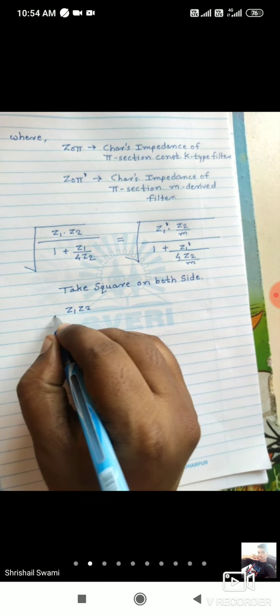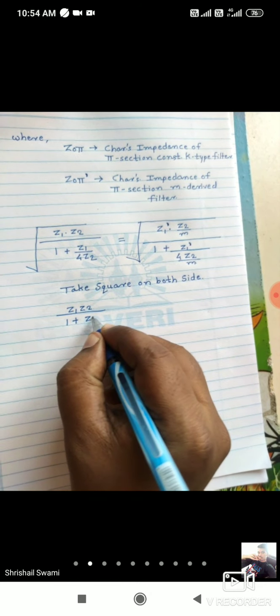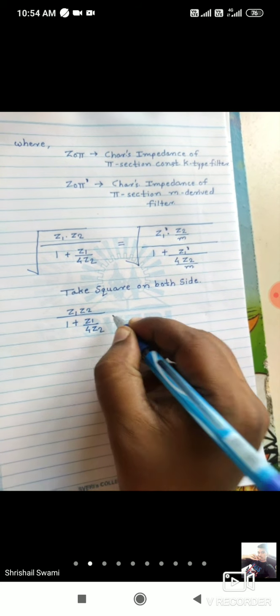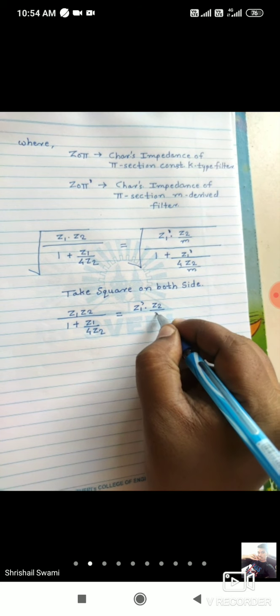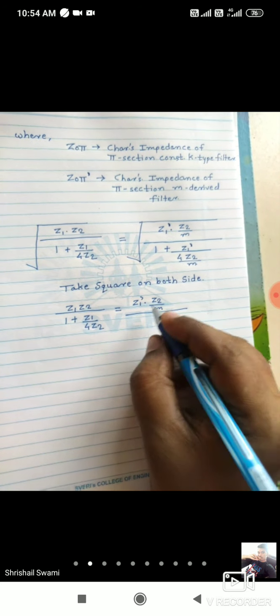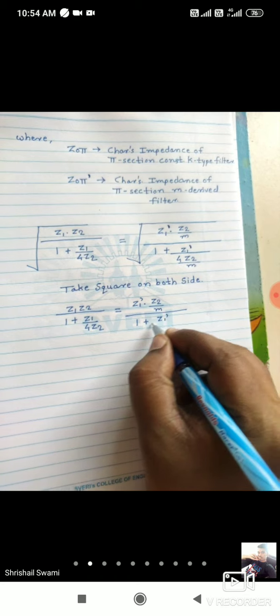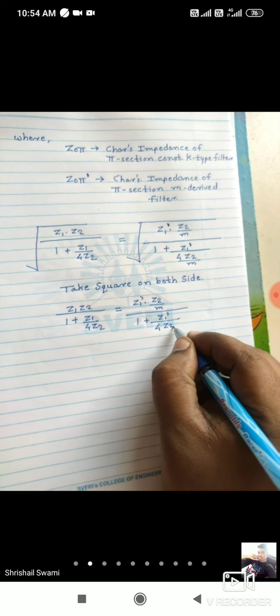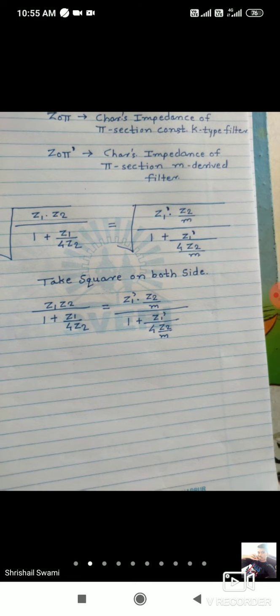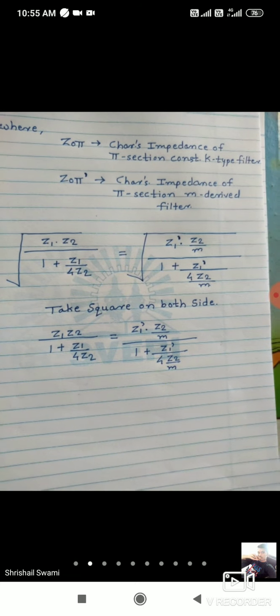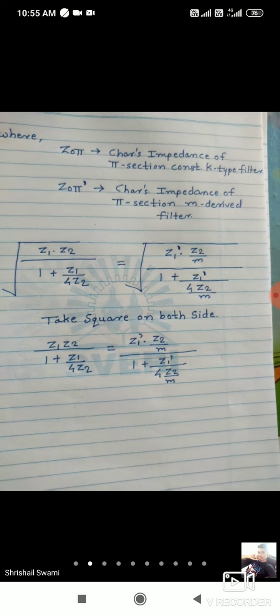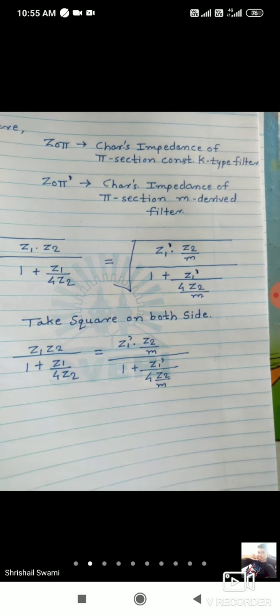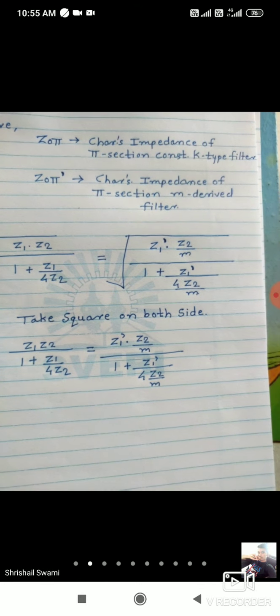Z1 Z2 divided by 1 plus Z1 by 4 Z2 is equal to Z1 dash divided by Z2 by M, this divided by 1 plus Z1 dash divided by 4 Z2 by M. Okay, now what you can do, take the cross multiplication. आता काय करायचं तुम्हाला? Cross multiplication you can take.